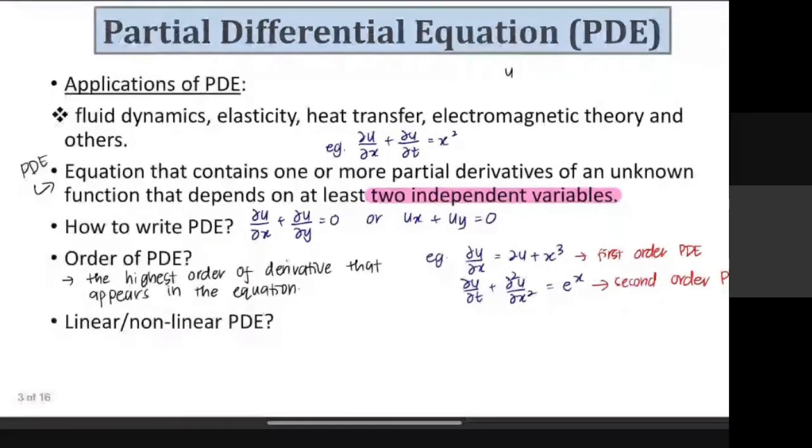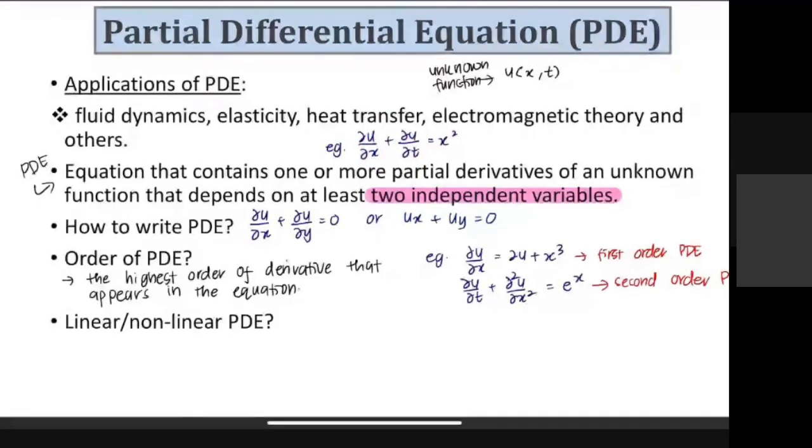U depends on at least two independent variables, for example, U depends on X and also T. So the equation contains U and also the independent variables.